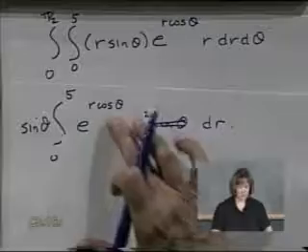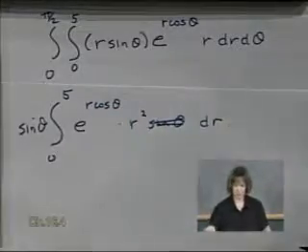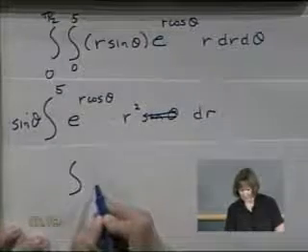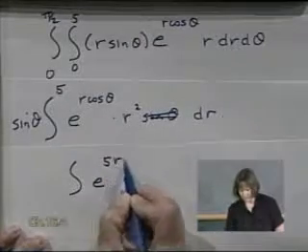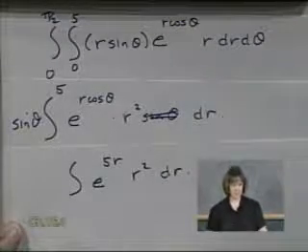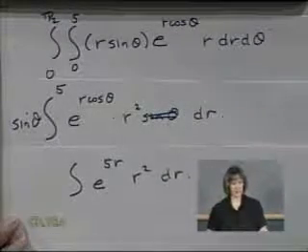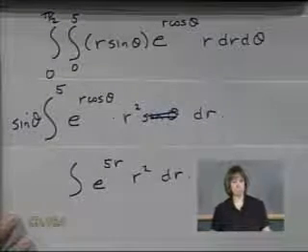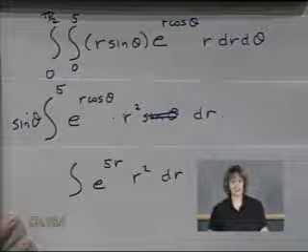Because the cosine theta is acting like a 5, if you're struggling on how you're going to do this, you could say this is e to the 5r, r squared dr. You follow? Because cosine theta is acting like a constant. How do you do that integration? Integration by parts? Yes.